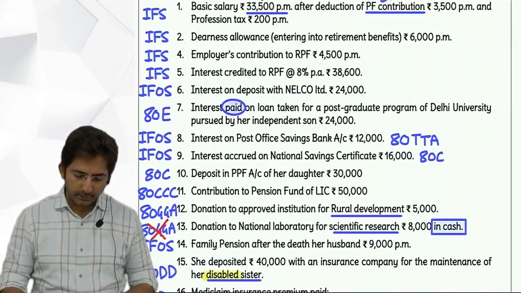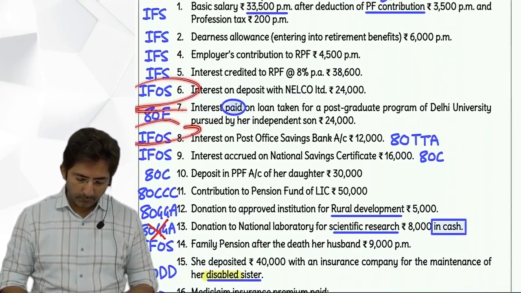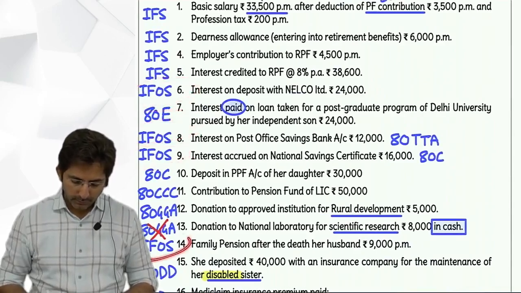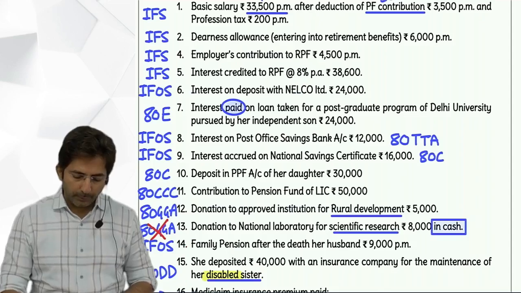See, it can be seen here. Income from other source, income from other source. So we have to prepare a working for that.